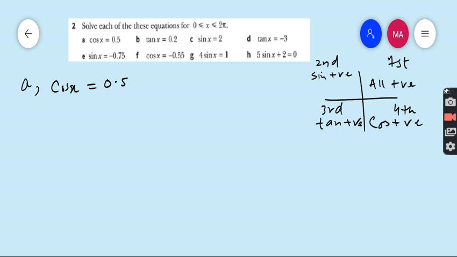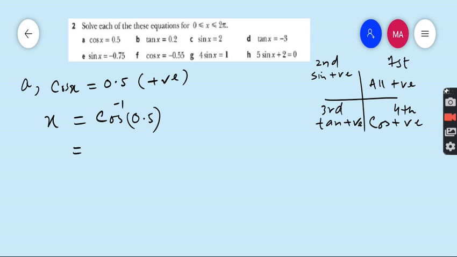This value 0.5 is positive, and you know cos is positive in the first and fourth quadrants. It means the angle should be less than pi by 2 or greater than 3 pi by 2. How can we achieve this? Just write x is equal to cos inverse 0.5.